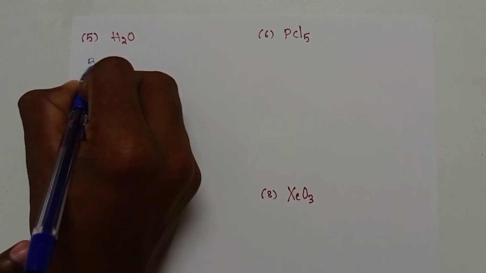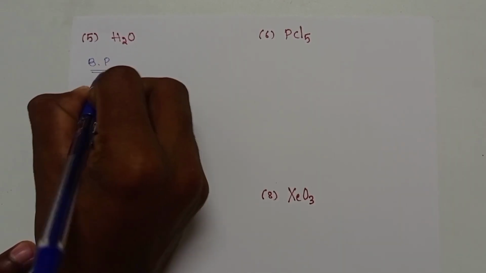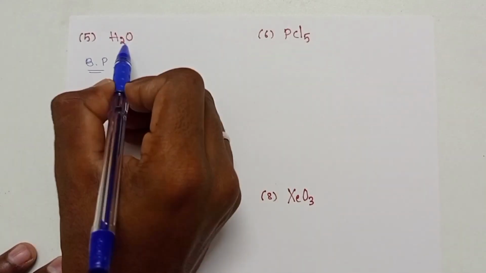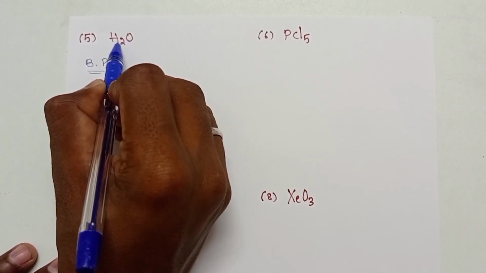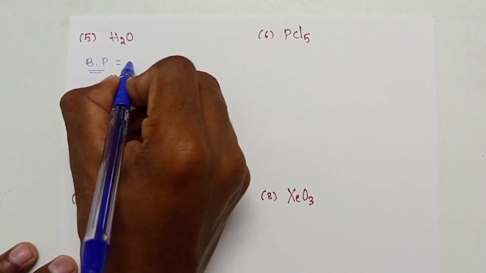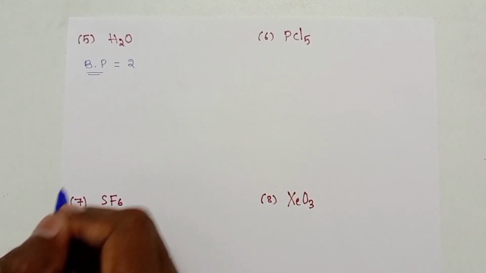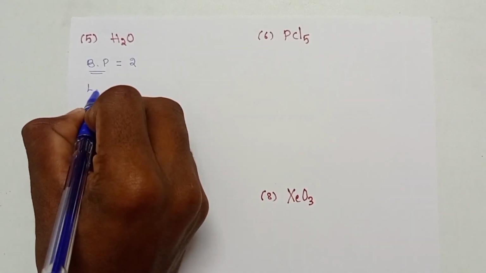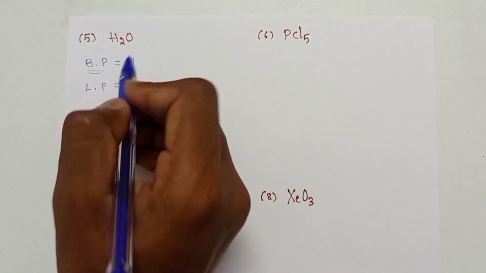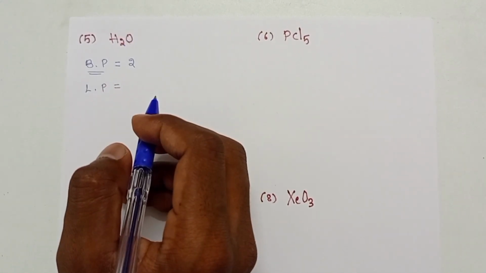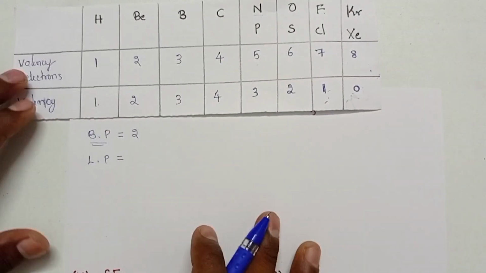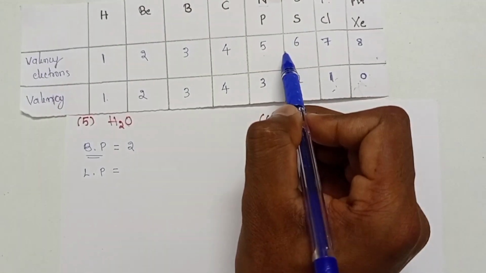Now for water, H2O. First we have to go with bond pairs. Bond pairs is equal to the number of surrounded atoms of the central atom. We have oxygen as the central atom, surrounded by how many hydrogens? 2 hydrogens, therefore bond pairs is equal to 2. Similarly for lone pairs, first we have to calculate the central atom's valence electrons. Oxygen is the central atom, and the valence electrons of oxygen is 6.